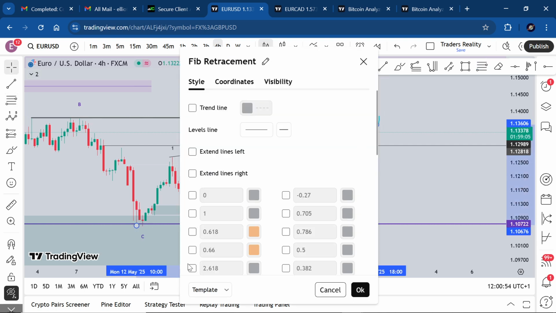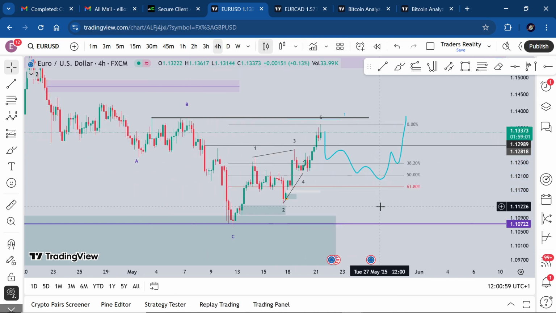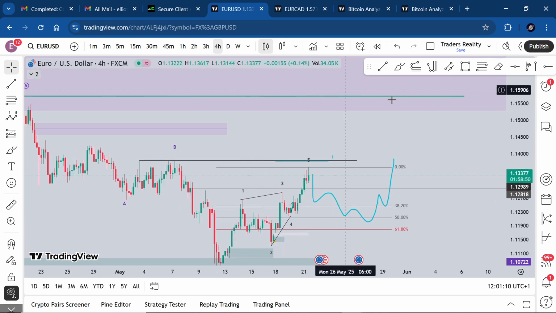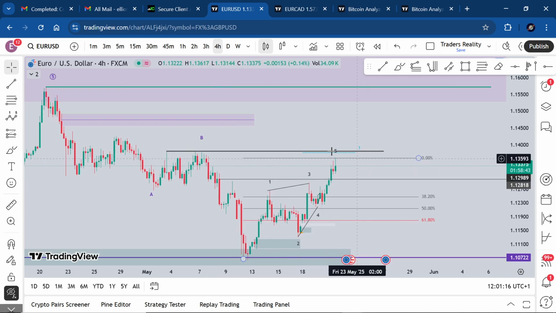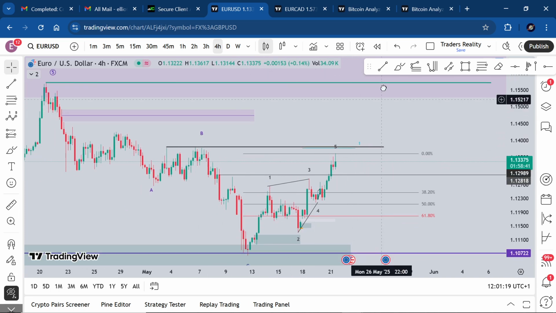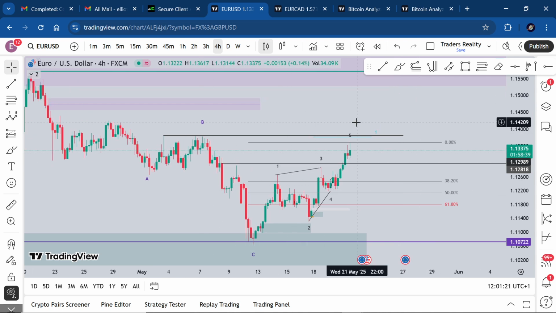Now, don't get me wrong, we'll have a look, but this could potentially be a 1, 2, 1, 2, and this can go up in a 3. That can happen. Okay, so or A, B, and C. But as you know, if we break this one-to-one, then we know we don't have a leading diagonal over here, and we have something else, and most likely it would be more bullish.